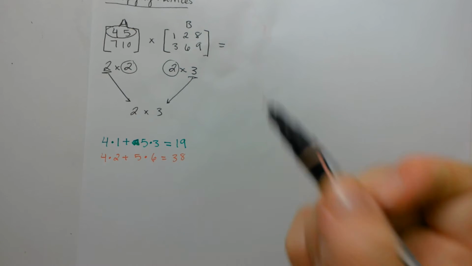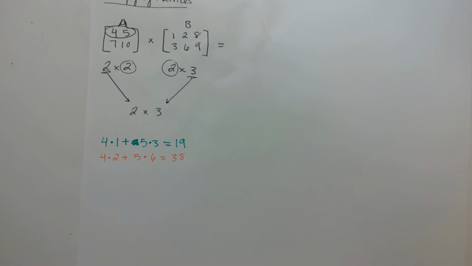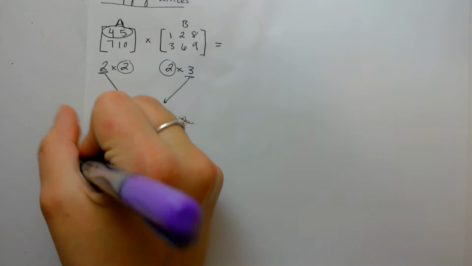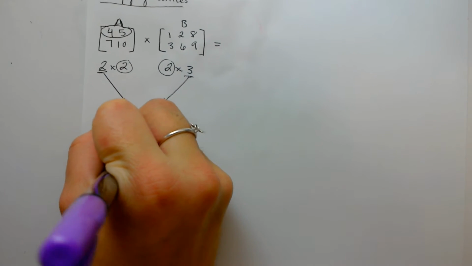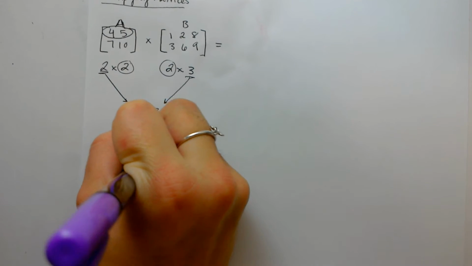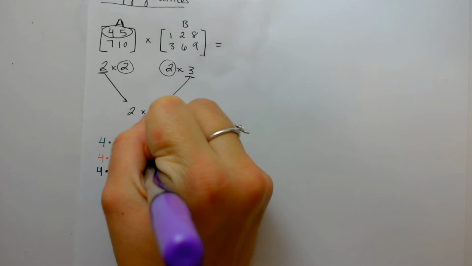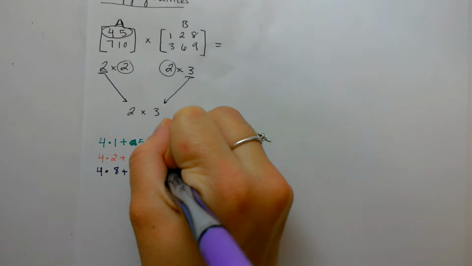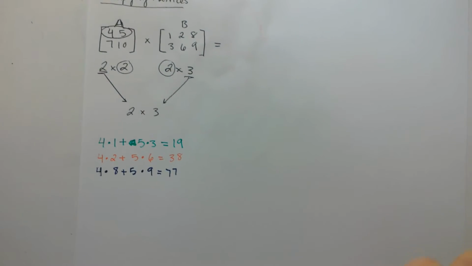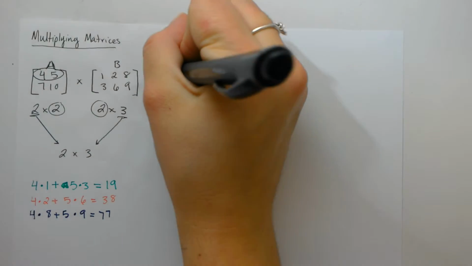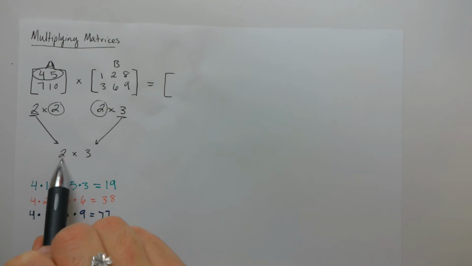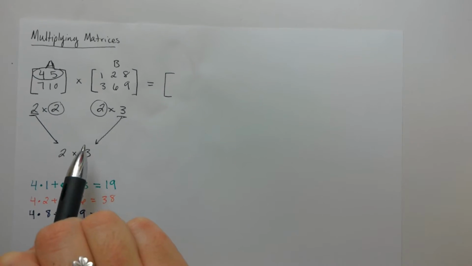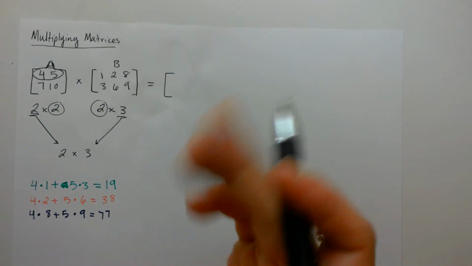Your next step is multiplying 4 by 8 plus 5 by 9, and this gives you 77. Now that we have those values, we can bring them over here and plug them into the top row of the new matrix that you're trying to find.